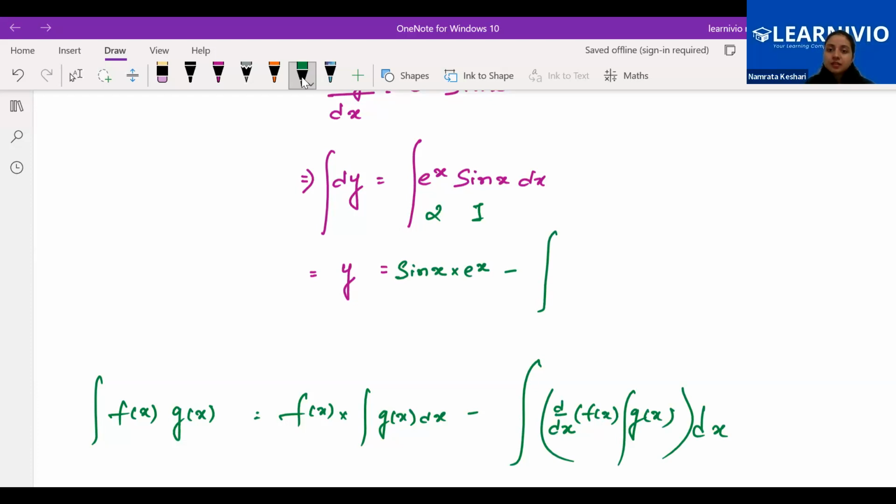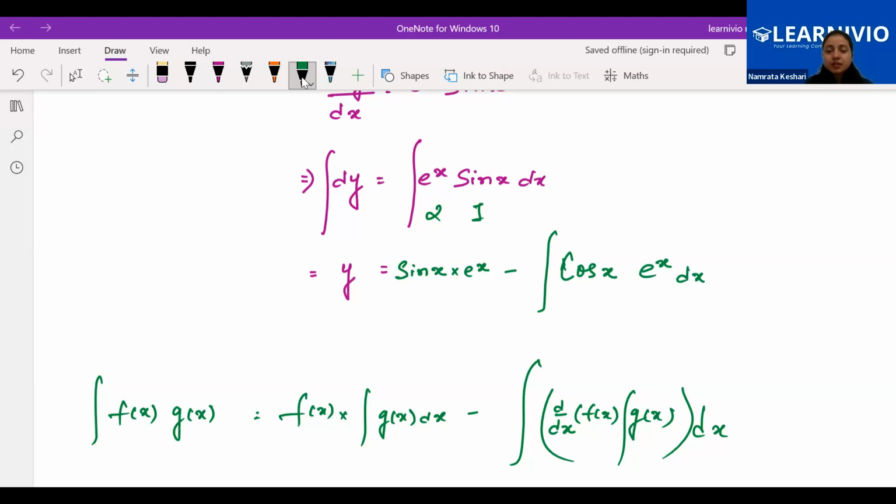Yes, ma'am. Sin x derivative is cos x, and then integration of second function, e to the power x dx, e to the power x, of everything.